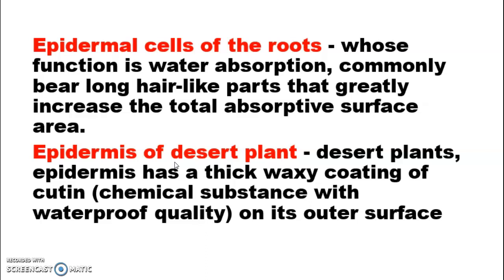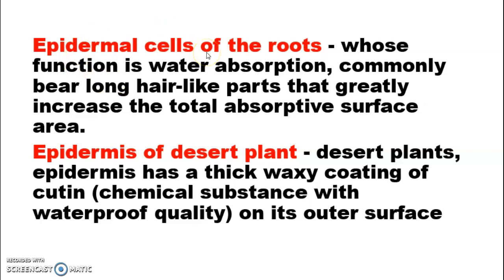This is a chemical substance which gives a waterproof quality to the outer surface so that water cannot evaporate from the surface of the plant. So basically the epidermis function is to provide protection against mechanical injury and to prevent evaporation of water.